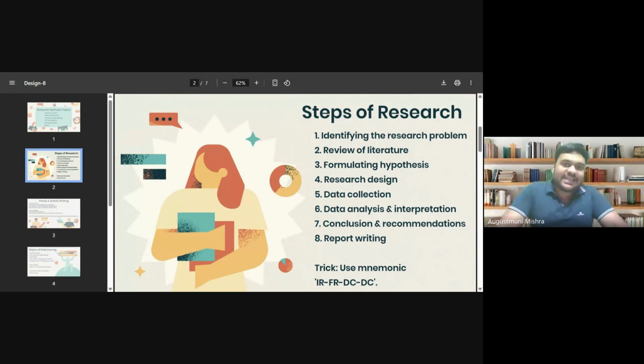Because at the end, when you analyze the data, that will clear your assumption, your prediction about what you prepared as a hypothesis after the title and review of literature, in the starting of your research work.